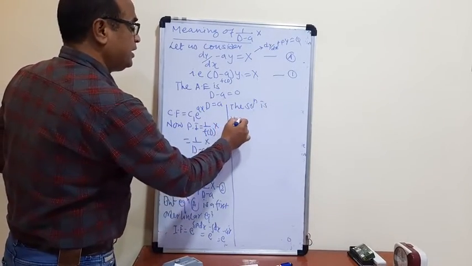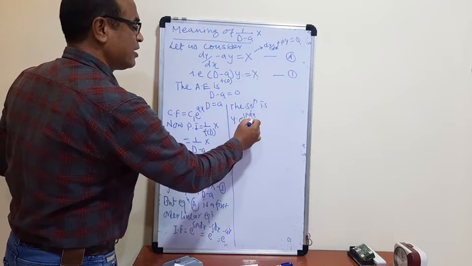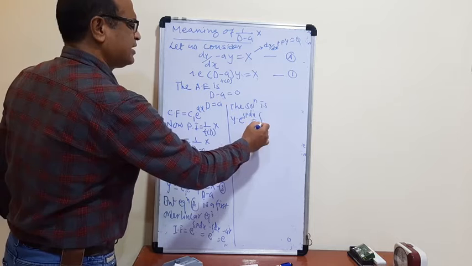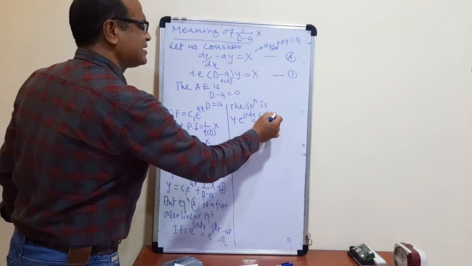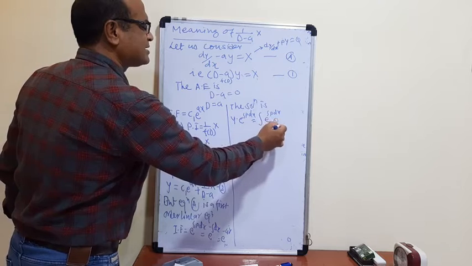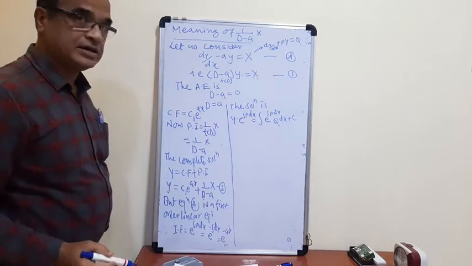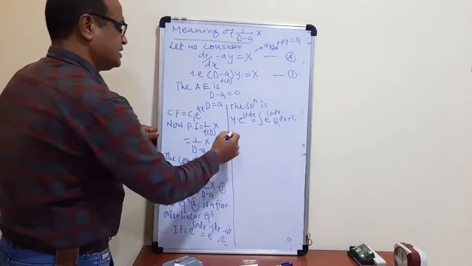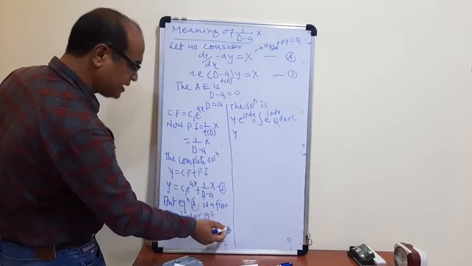y into the integrating factor e raised to integration of P dx. We know the formula: that is integration of the integrating factor e raised to integration of P dx, Q dx, plus C, the integrating constant. The integrating factor is e raised to minus ax.